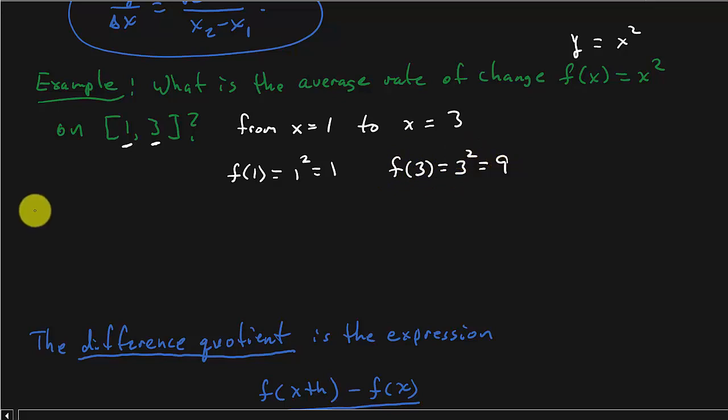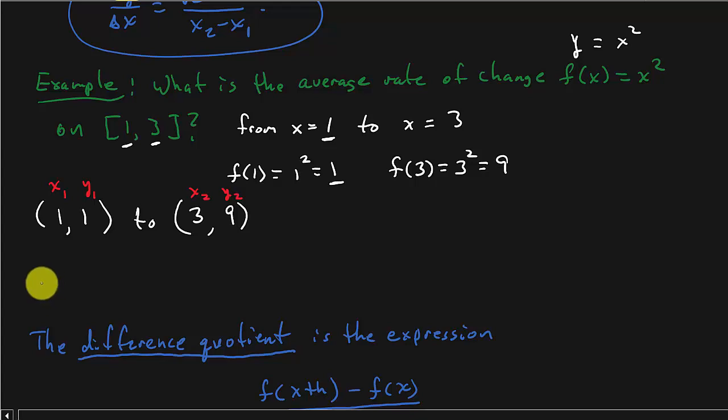So basically what I have is the point 1, 1. See, x was 1. And what did I get for y? I got 1. And I plugged in 3 for x, this 3 here. And what did I get for y? 9. Okay, so I want to know the average rate of change from this point to this point. So here's my x1, y1. Here's my x2, y2.